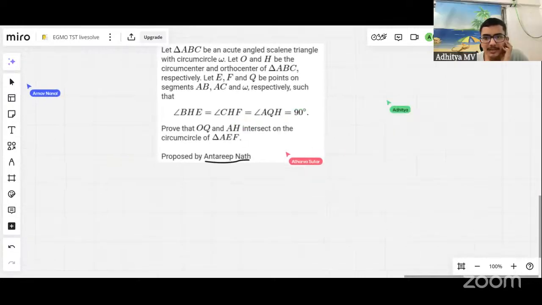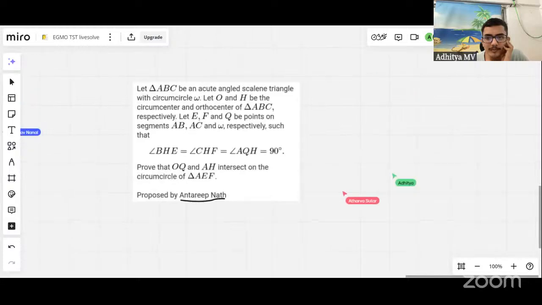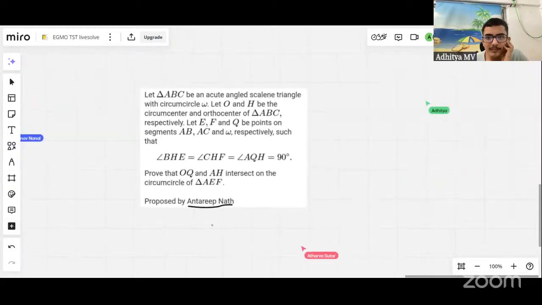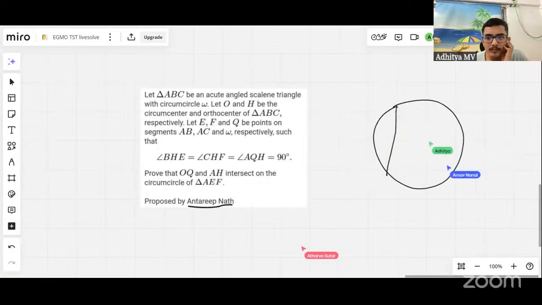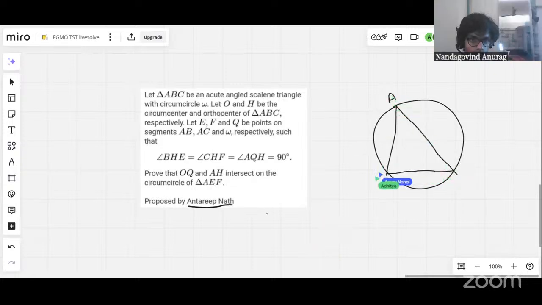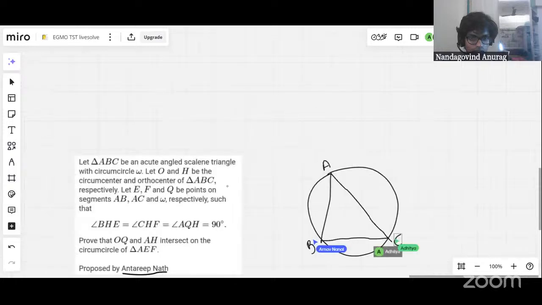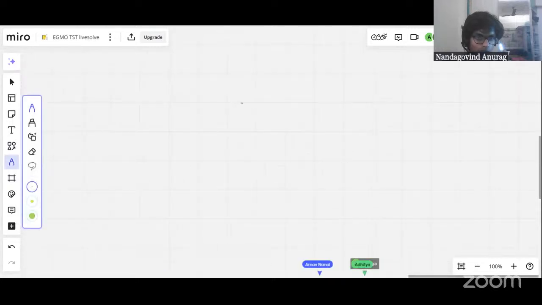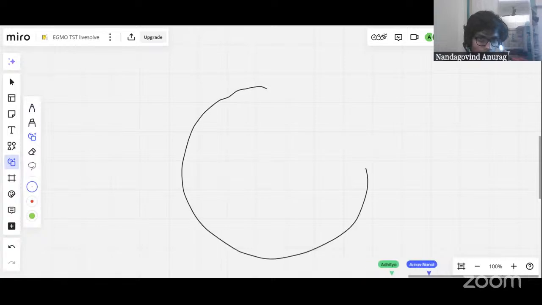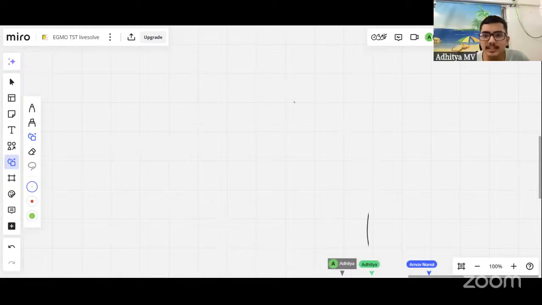What is the diagram? Q is interesting. Okay, AQH is 90 is the point.